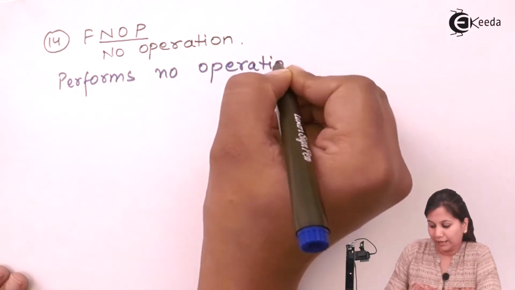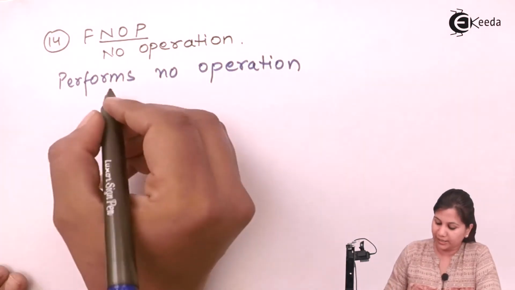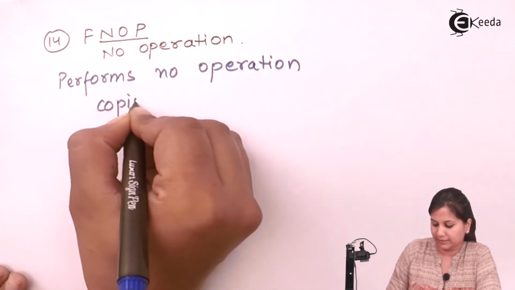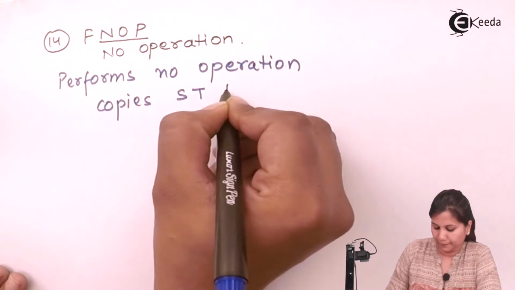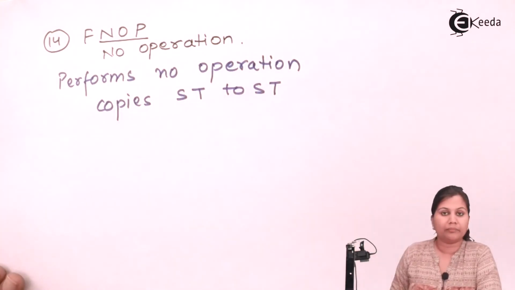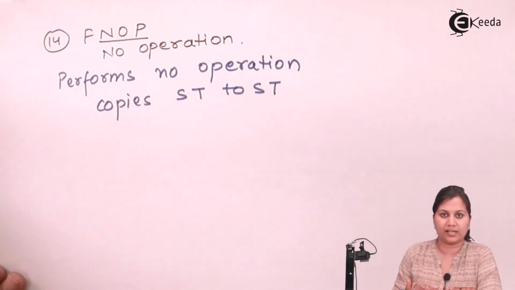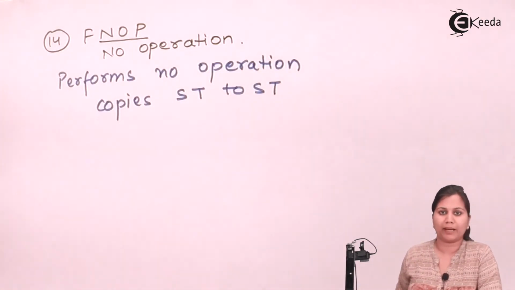And what this instruction actually does is copy ST to ST, which means the content of the top of the stack is copied to the top of the stack. Only the copy procedure is done. So we can say that no operation is performed by the 8087 basically.